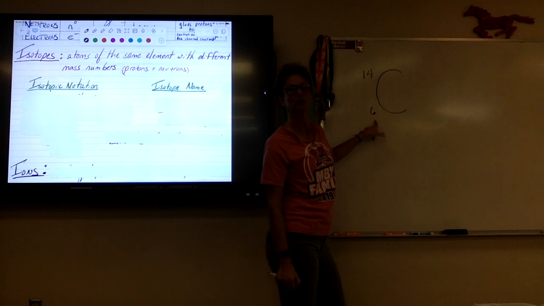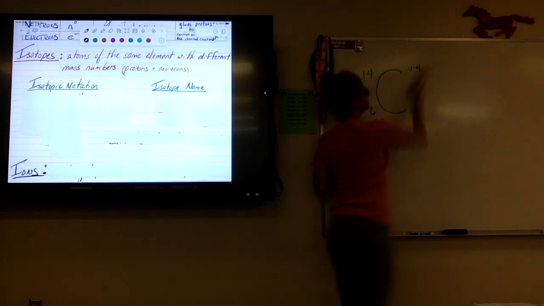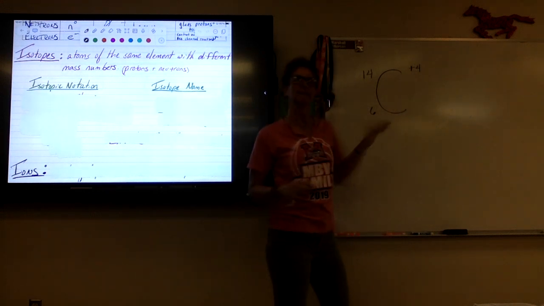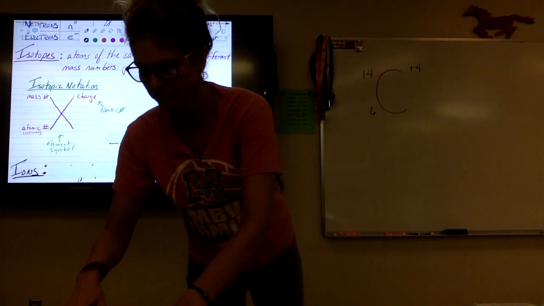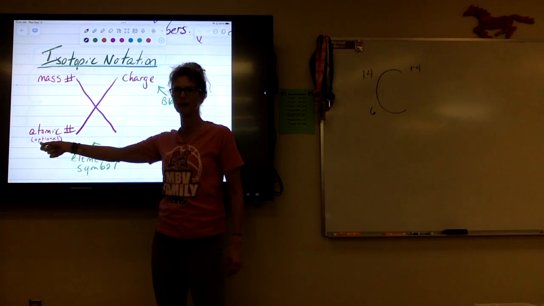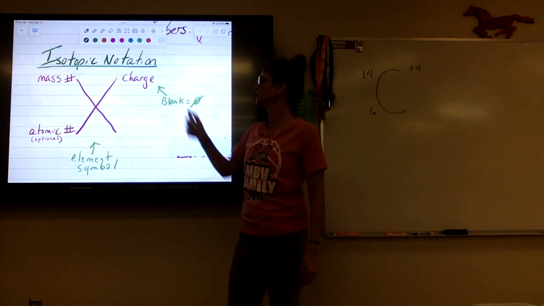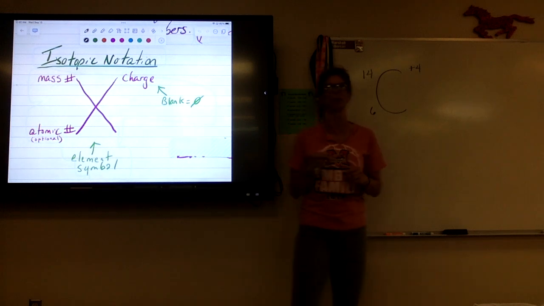Stop talking over me. Which is what? How many protons it has. If it has a number here, what is it? Charge. Okay. This is called isotopic notation. The mass number is at the top left. The atomic number is at the bottom left. Charge is at the top right. And I need to talk to you about what happens when it's blank.